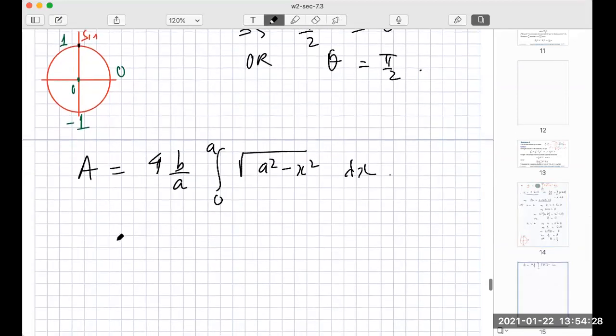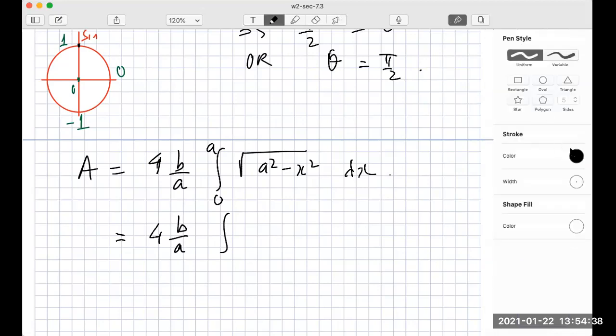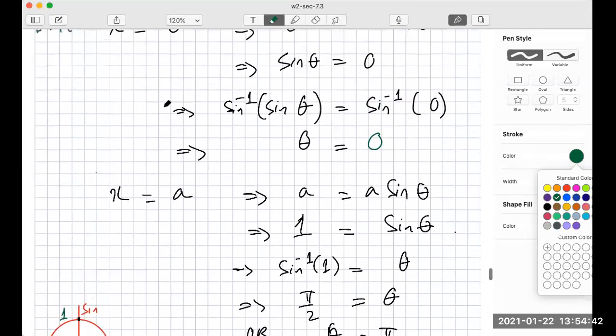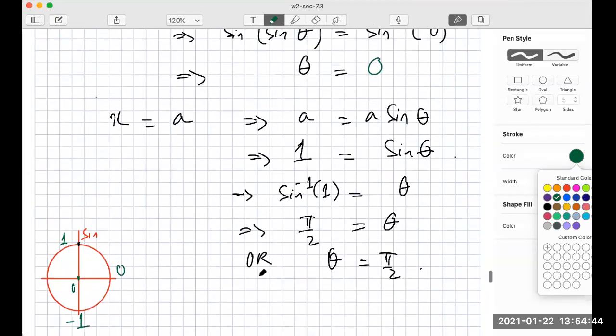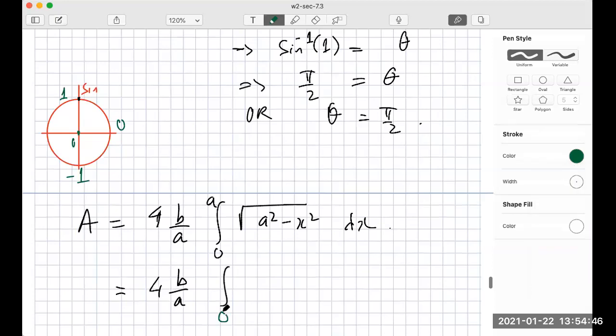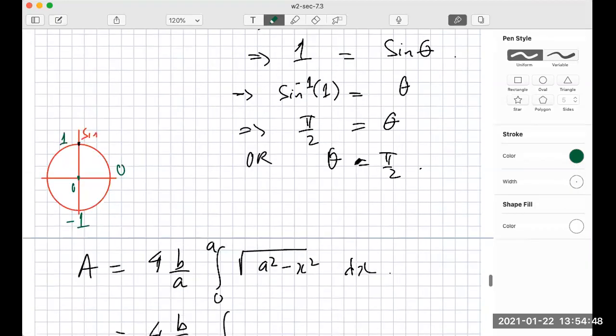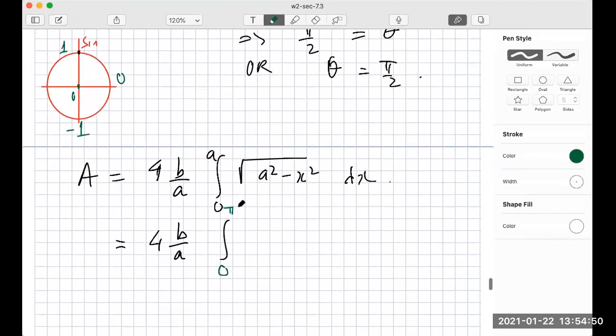So we will replace everything we know. 4, it is a number. B over a is a number. We write it. Now the limit. We just found it here, right? At x is equal to 0, theta will be 0. At x is equal to a, theta will be pi over 2. Okay?